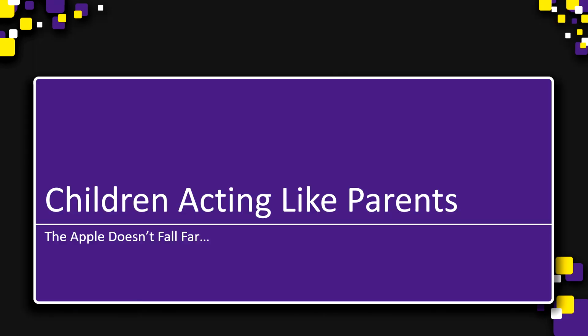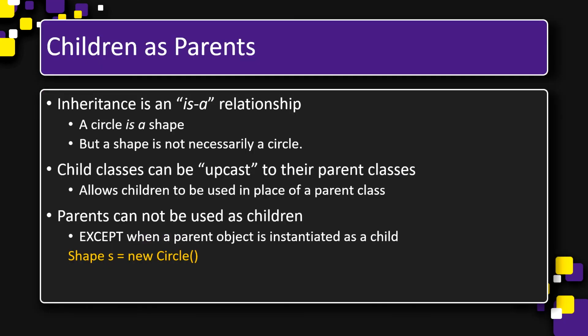Children can also act like parents, meaning that the apple doesn't fall far from the tree. But when we do this, remember that inheritance is an "is a" relationship. A circle is a shape, but a shape is not necessarily a circle. Child classes can be what we call upcast, and we'll go over more about this when we get to polymorphism. Child classes can be upcast to their parent classes, which allows children to be used in place of a parent class.